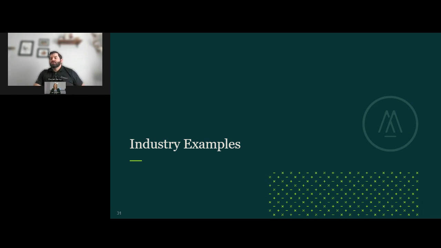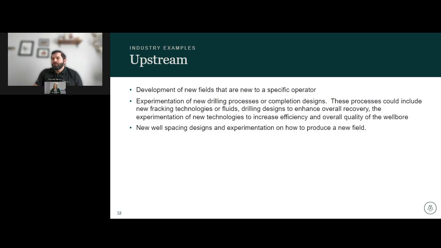So what are some industry examples? I broke this out in the different areas of oil and gas. First, focusing on the upstream side with the exploration and production companies, there are R&D credits available to drilling processes and completion designs.